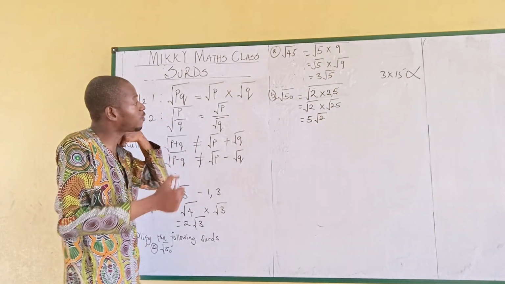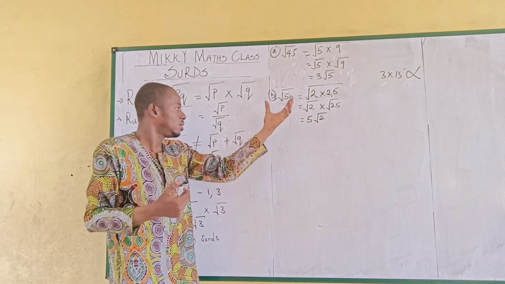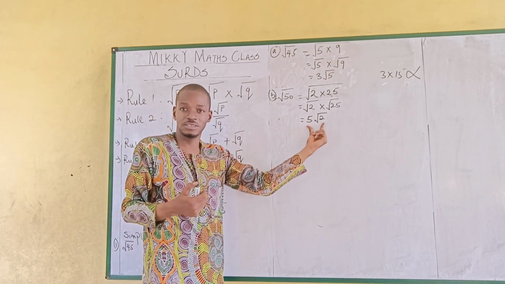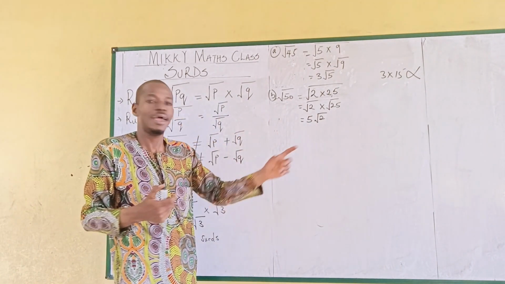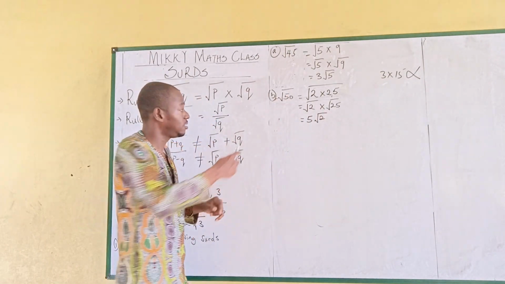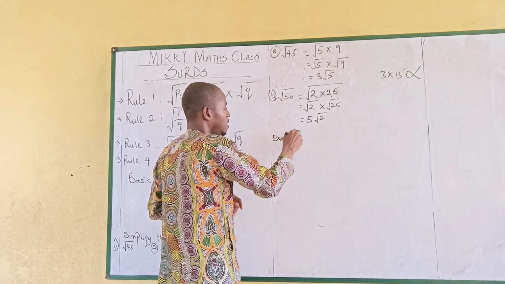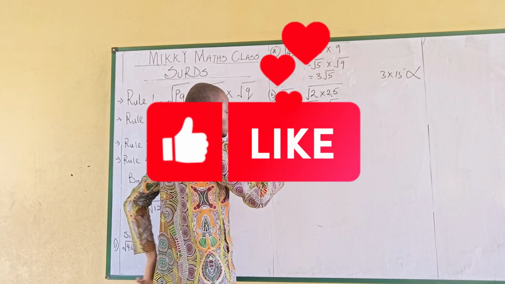Now, another kind of question you can be asked. They can ask you to express this number as a single surd.